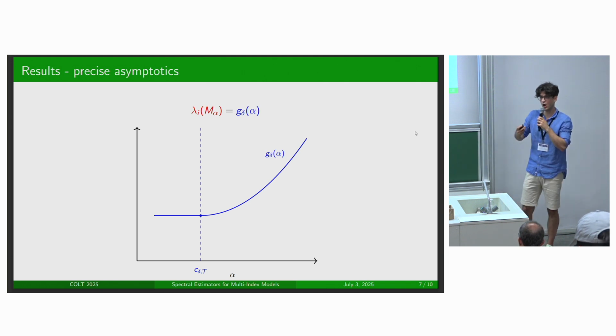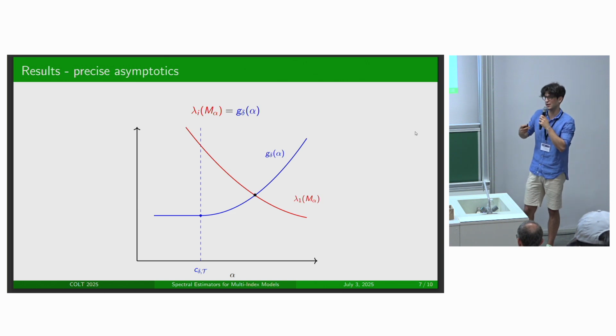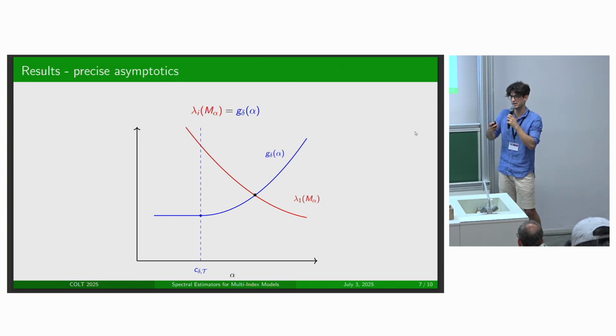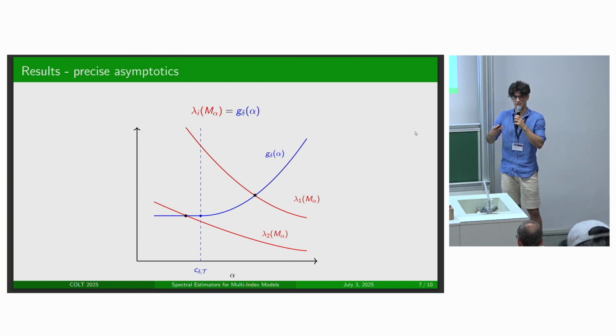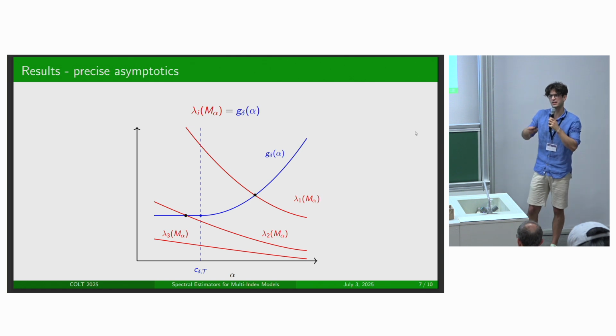So we have three options in terms of recovery. If the intersection happens above this threshold, on the part where g is increasing, we get recovery: our top eigenvector will recover one of the directions of W star. On the other hand, it can happen on the flat part, in which case we have no recovery, or it cannot intersect at all, in which case we again have no recovery, right?